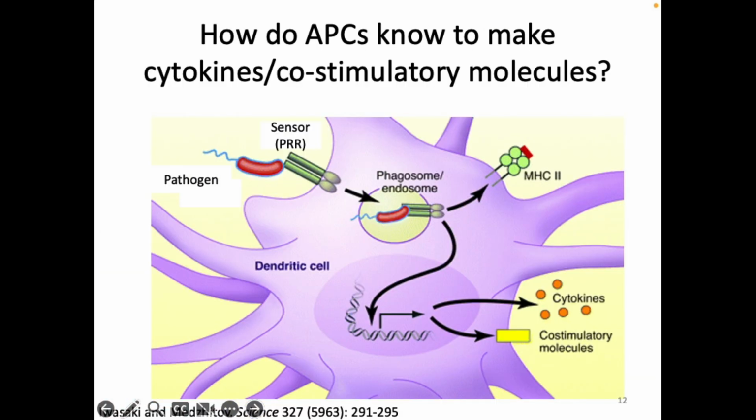And the reason why a dendritic cell or any other cell type makes B7, which is shown here as this yellow rectangle of a co-stimulatory molecule, is because that cell is responding to some kind of PRR stimulation. So when a cell is responding to PRR stimulation, it makes a bunch of cytokines that we've talked about, but it also makes B7.